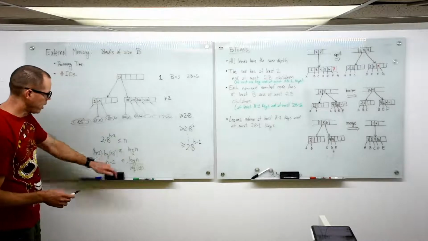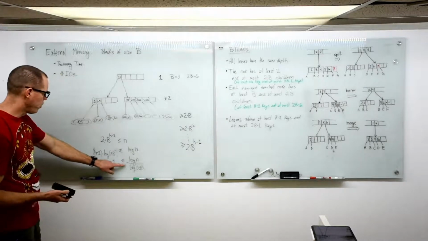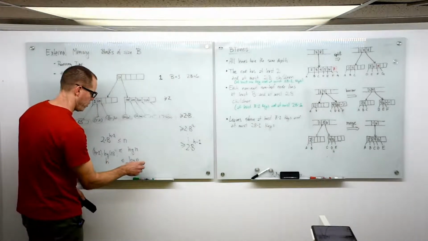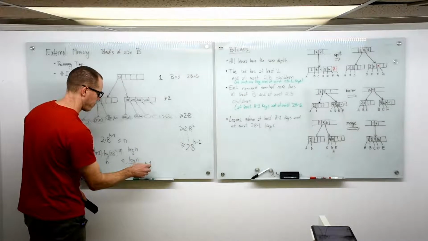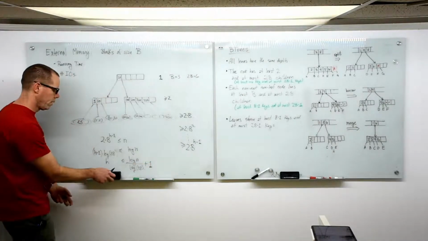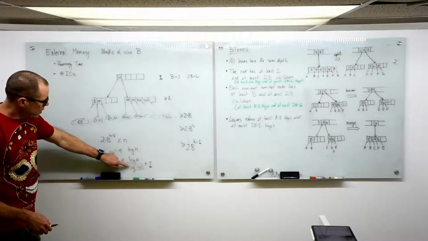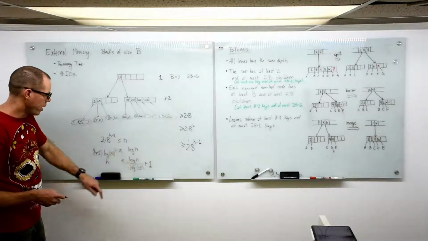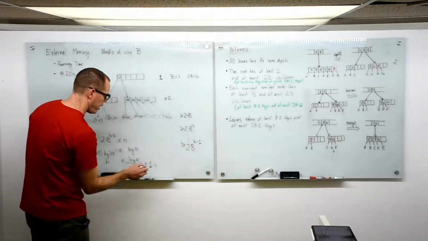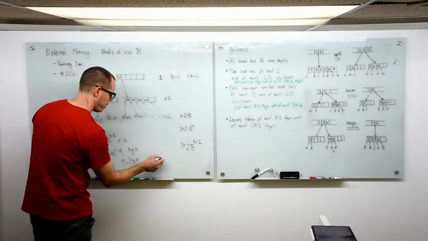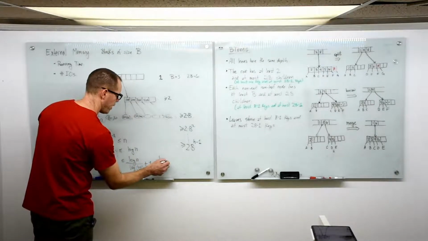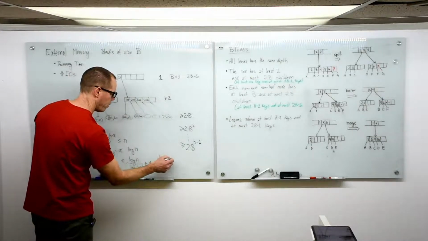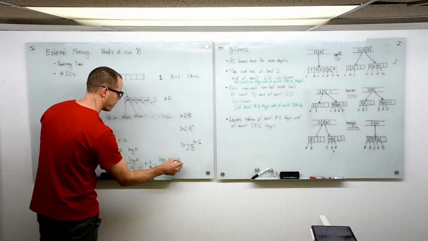You get h minus 1 is less than the log n over log 2b. So h is less than log n over log 2b plus 1. And this ratio of one log divided by another, we usually have a nice way of writing that. That's just the log base 2b logarithm of n, plus 1.